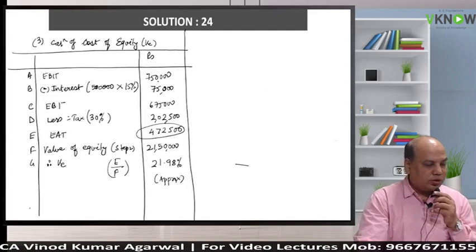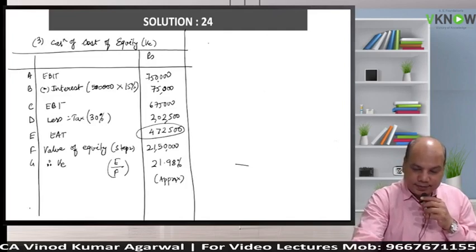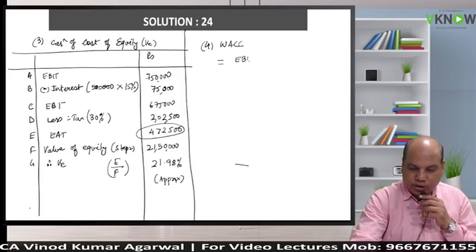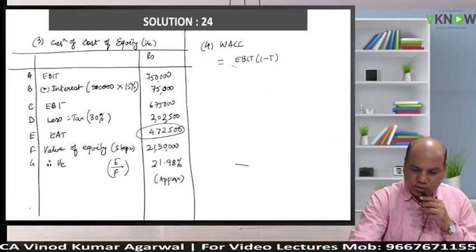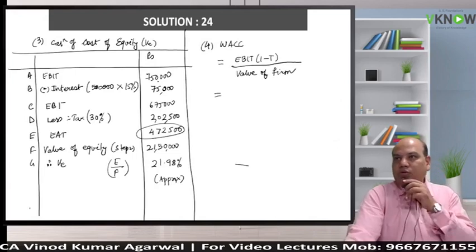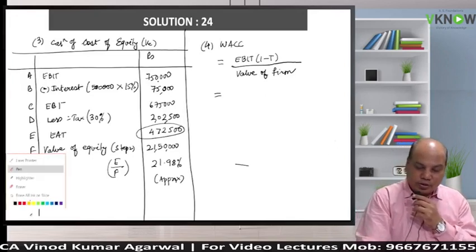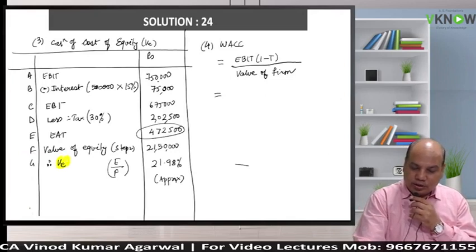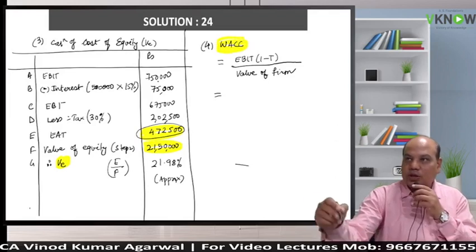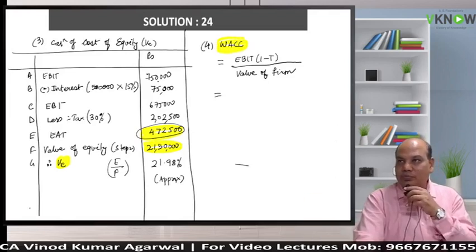Third question, WACC. So write next step 4: WACC is EBIT into 1 minus T upon value of firm. Numerator and denominator should be consistent. When you are computing cost of equity, we take earning after tax upon value of equity. When you are computing for the entire firm, WACC, it is EBIT into 1 minus T upon value of the firm.